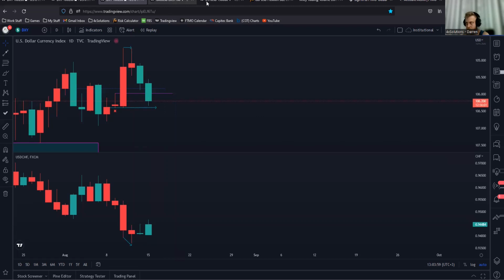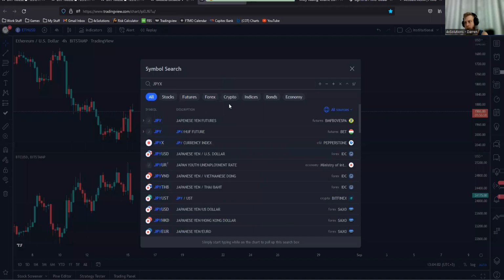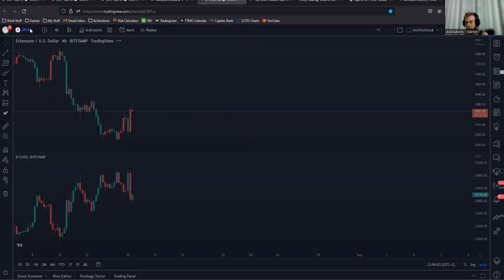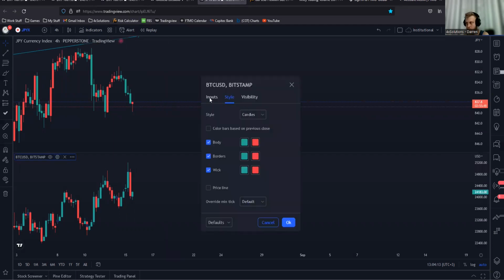So I'm just going to go outside the realm of what we normally look at, and that would be just another one here. I did bring this up last time. This is the JPYX. This is sort of like the DXY, but the yen index, if you will. You could look at a pair, for example, I trade CAD JPY.